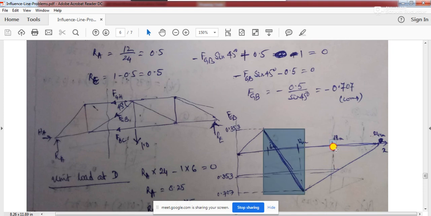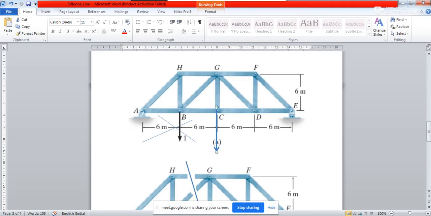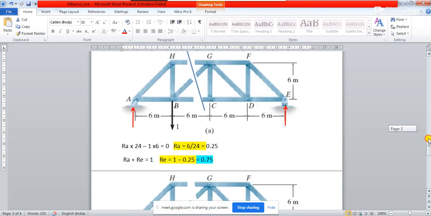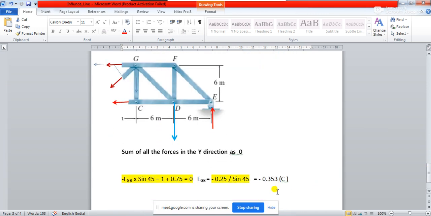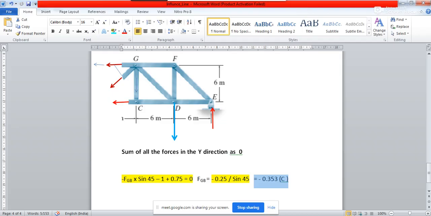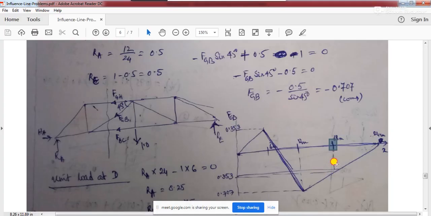Okay, now what will be the value of the member force at this 18 meter length? When the load has been moved from C to D, the value of the member force we have calculated is minus 0.353. So again you plot it over here.